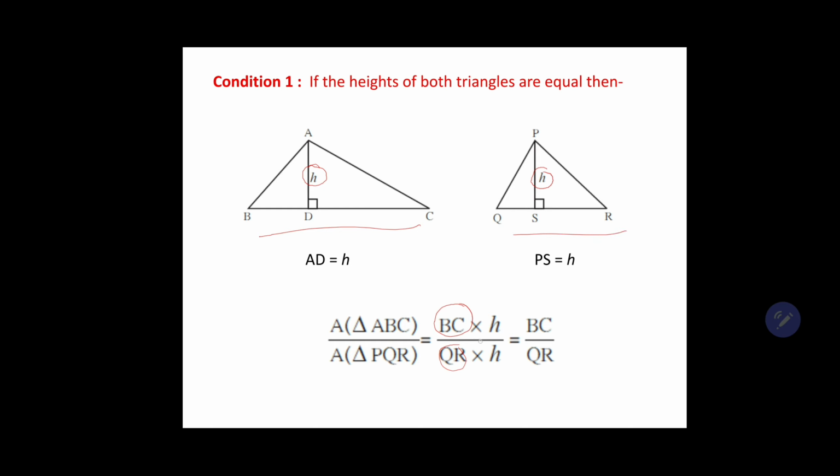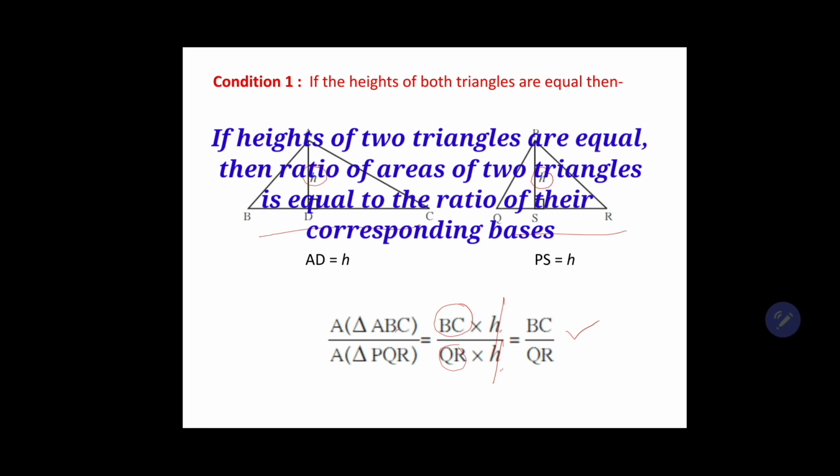Heights are the same, that is H, so in the numerator and denominator H will get cancelled. So area of triangle ABC divided by area of triangle PQR is equal to BC divided by QR. That means if the heights of two triangles are equal, then the ratio of their areas is dependent on their corresponding bases.